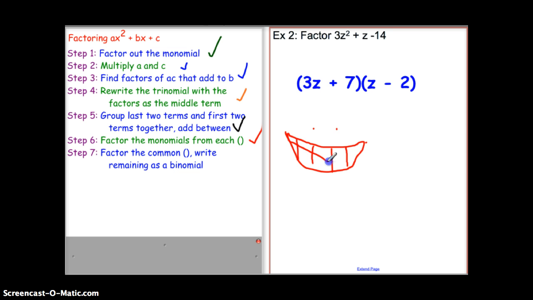If you didn't get it correct on the first try, never fear, this is some hard stuff. So go back and try it again. Watch the example and see if you can see where you made your mistake. I would say it possibly could be from this -14. Make sure your factors of -42 add to a +1.